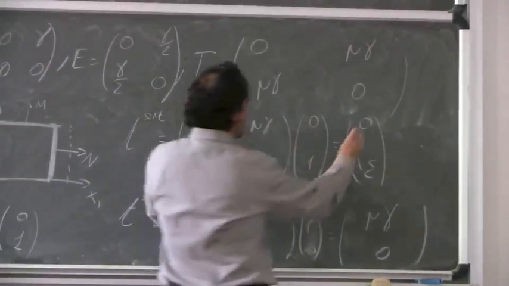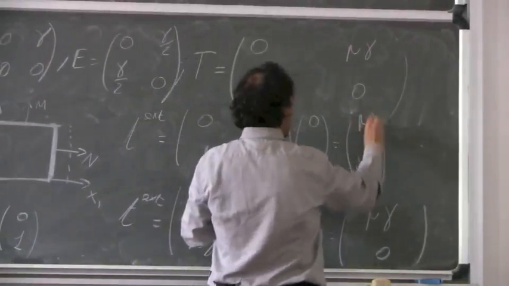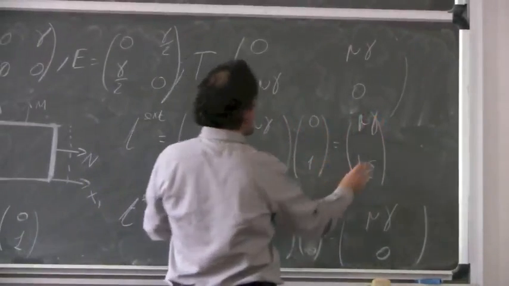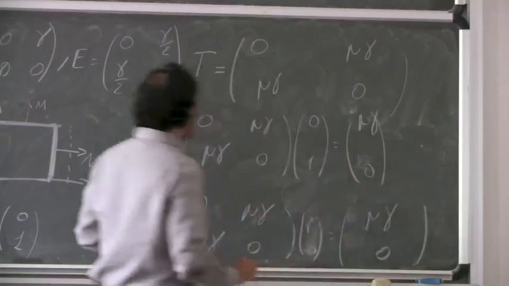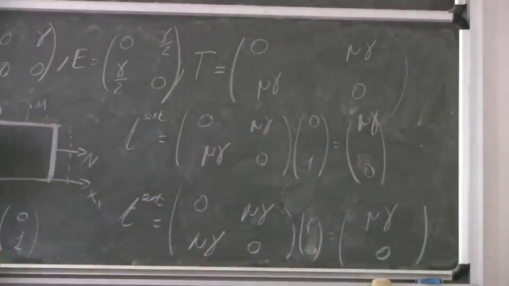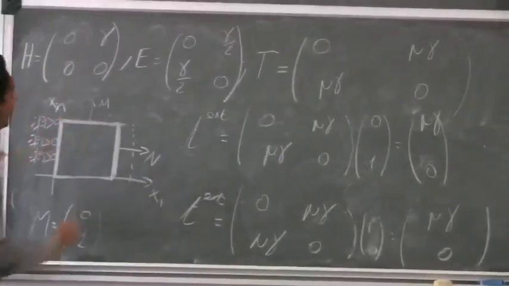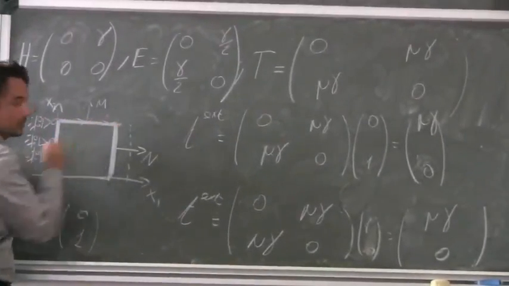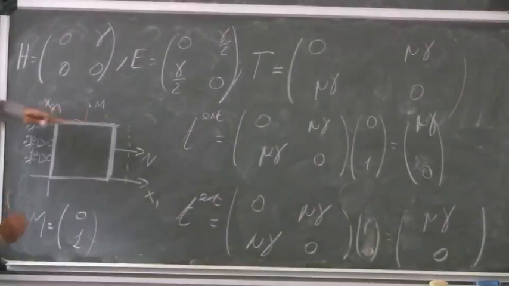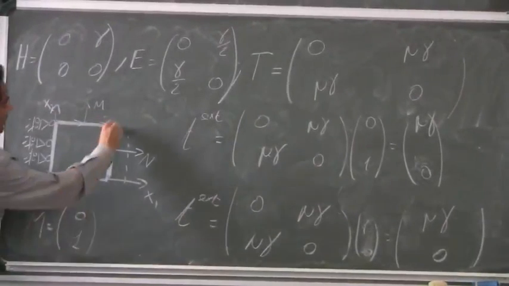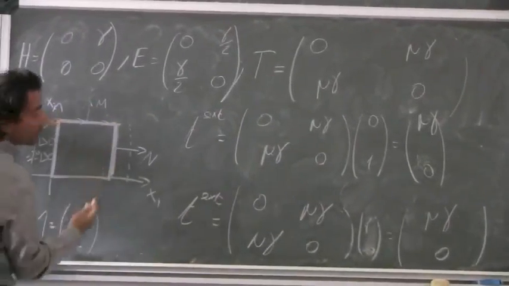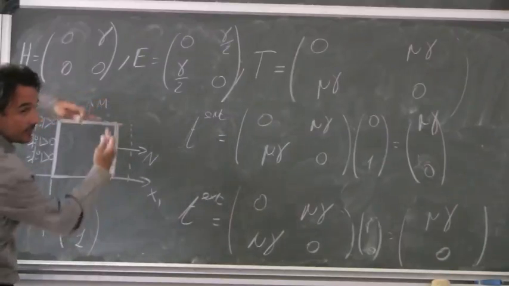So we have here mu gamma and 0. It means that in this part you have to apply a force in this direction. This side you have to apply the force in this direction, and in this side you have to apply the force in this direction.